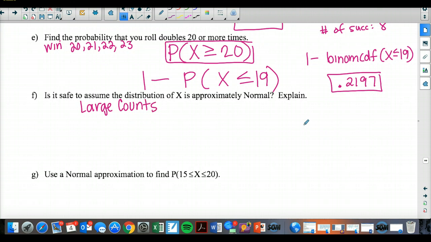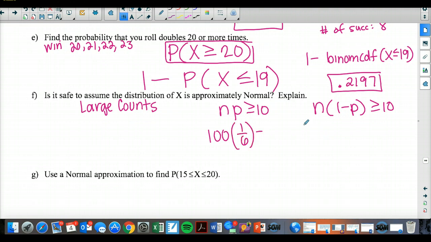To satisfy large counts, n times p has to be greater than or equal to 10, and n times 1 minus p is greater than or equal to 10. So 100 times 1/6 is 16.67, which is greater than or equal to 10. Check.